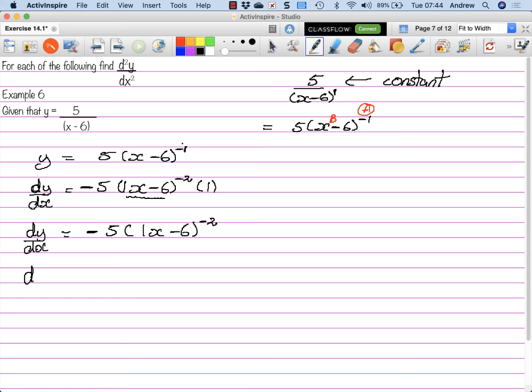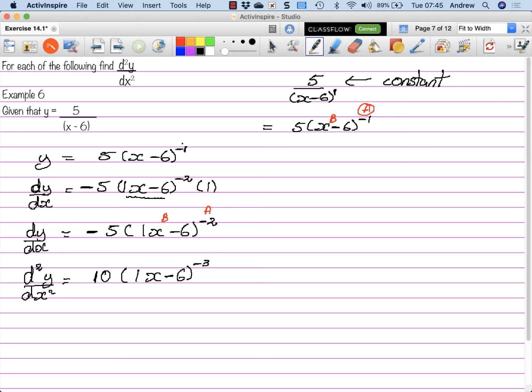And we're going to differentiate it again, d2y by dx squared. And again, the priority function, the outside function, is the power, and the inside function is the x minus 6. So we're going to multiply by the power. A minus 2 and a minus 5 is a plus 10. And then we put the power down 1 to minus 3.